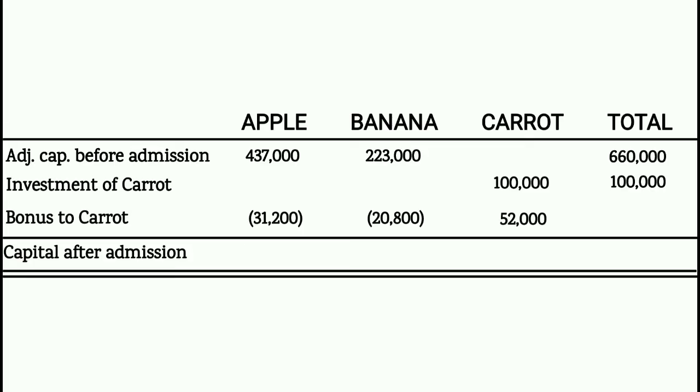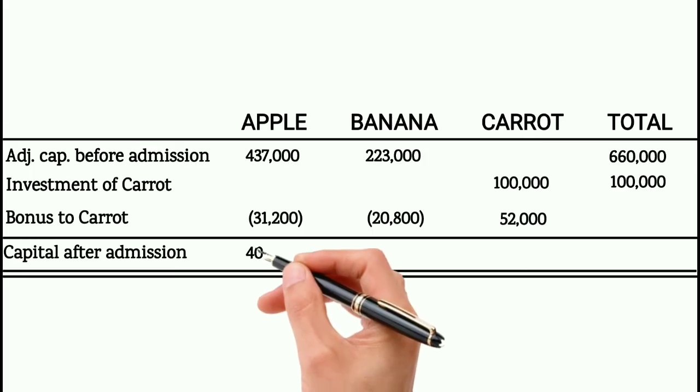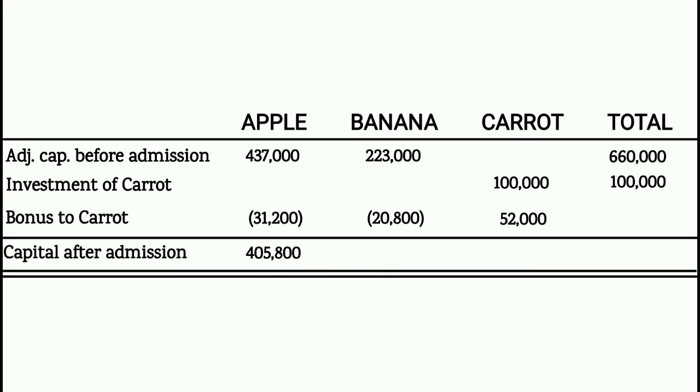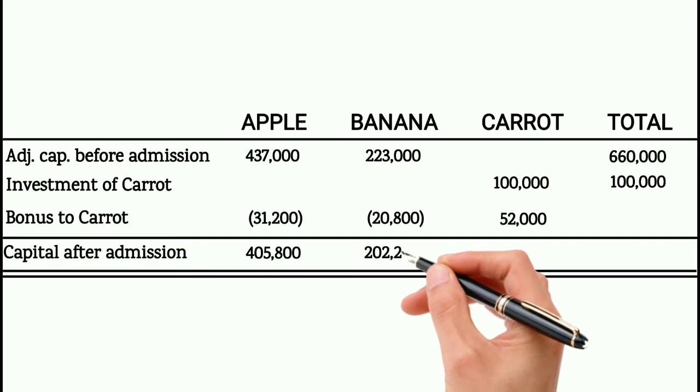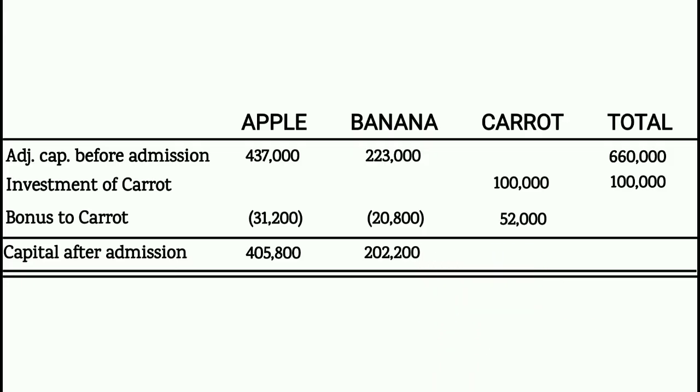We can now compute for the capital balances of the partners after Carrot's admission. For Apple, 437,000 minus 31,200, that is equal to 405,800 pesos. For Banana, 223,000 minus 20,800, that is equal to 202,200 pesos.